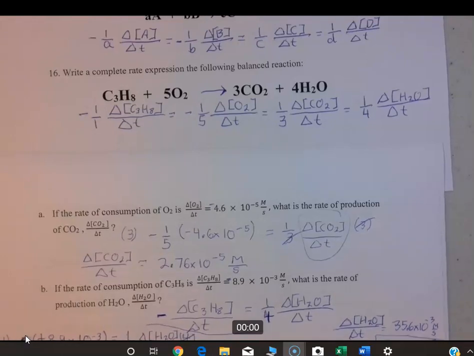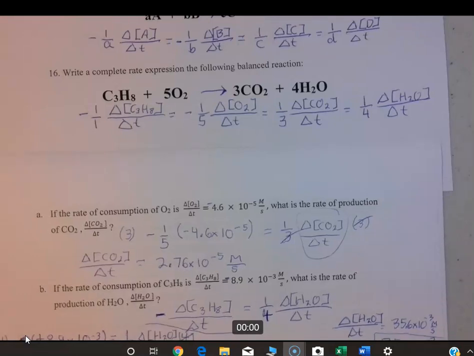So down here, I'm going to write negative 1 over 5 delta O2, which is what we're trying to find, over delta T equals 1 over 4, and now we substitute in the number 5.5 times 10 to the minus 4.